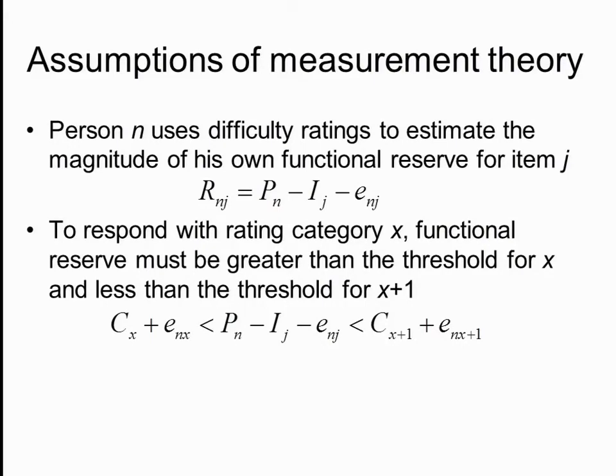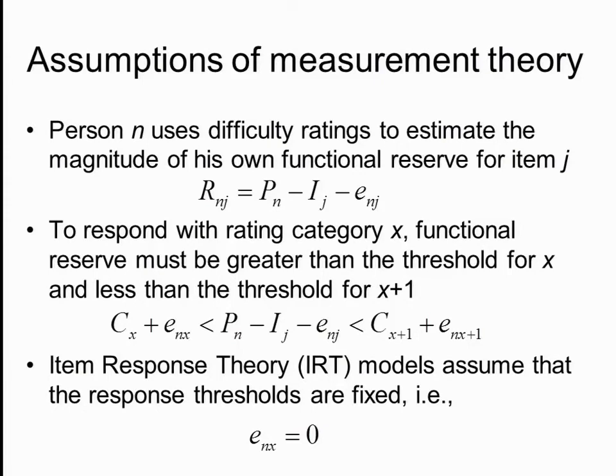So now we put in fixed category thresholds, which are the averages for the population, Cx and Cx plus 1, and there are errors associated with those category thresholds, which get added. And then we still have the error for the fixed variables on person measure minus item measure. So this describes the conditions that have to be satisfied in order for the person to use response category X, given the assumptions we've made up to this point.